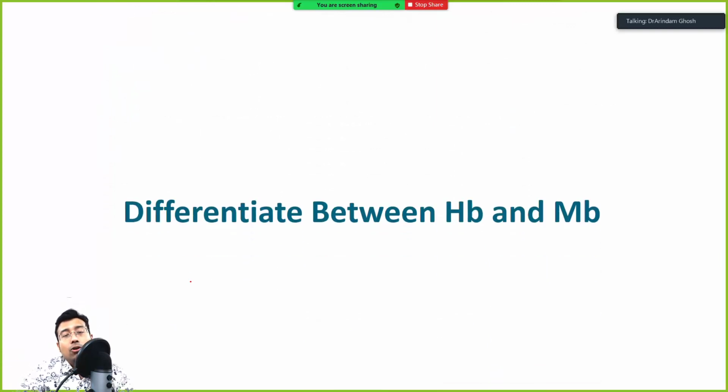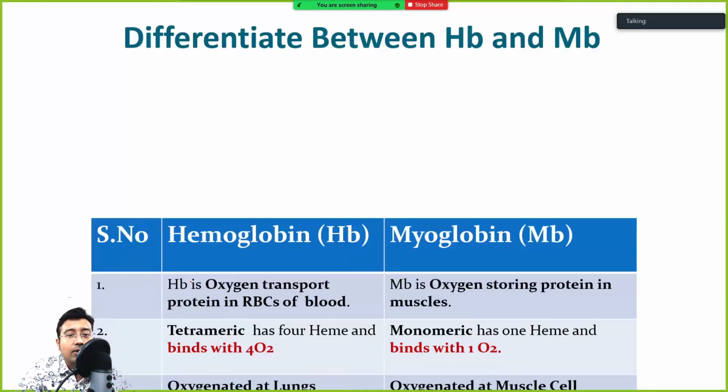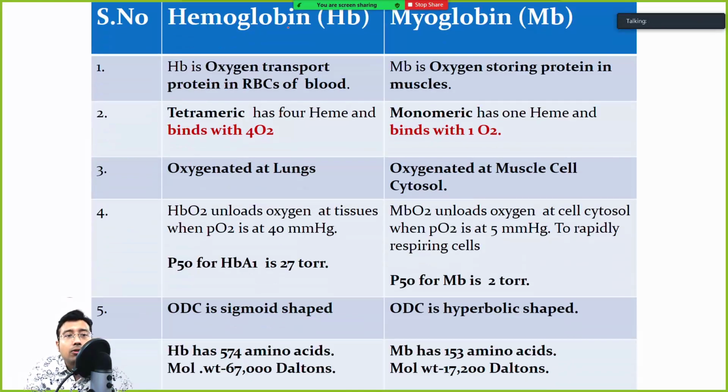Okay. So what are the differences between hemoglobin and myoglobin? Let us see. You can take a minute to recap and look at this slide, right? See, hemoglobin helps in oxygen transport in red blood cells.